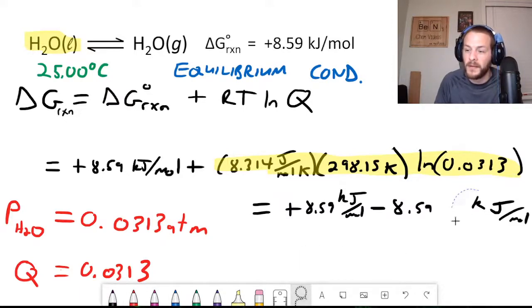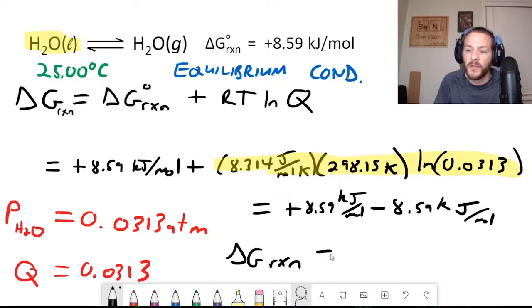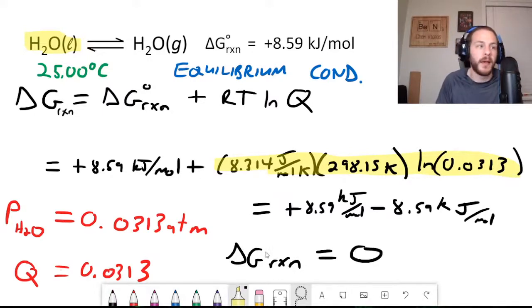So you have 8.59 minus 8.59, and so delta G for this reaction under equilibrium conditions is equal to 0. Delta G is equal to 0 at equilibrium conditions.